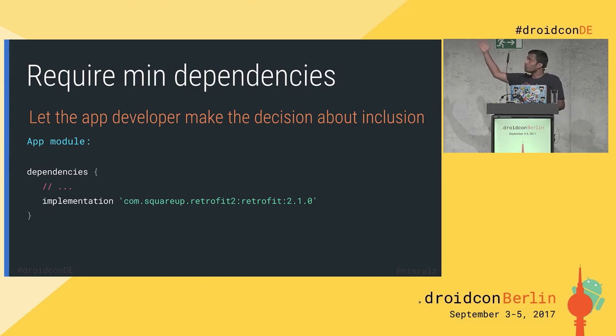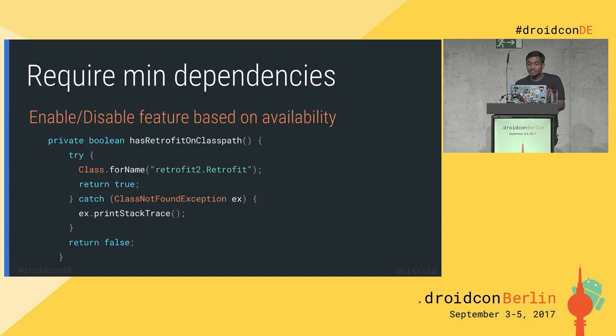Now, if I was not to include this in my app, this dependency is not going to be available to the library itself. So how do I handle that? I handle that by using, again, dynamic checking for the class, if it exists in the class path. If it does, good enough, we can enable the feature.